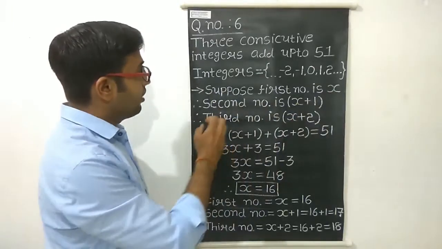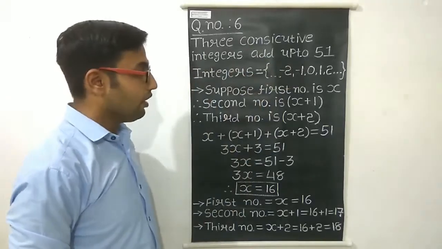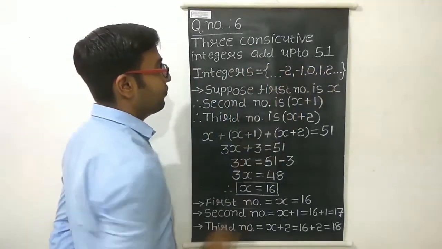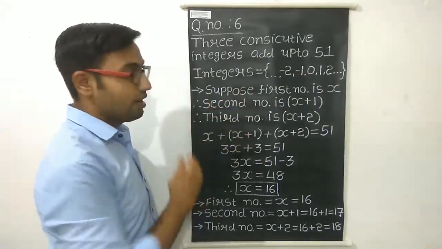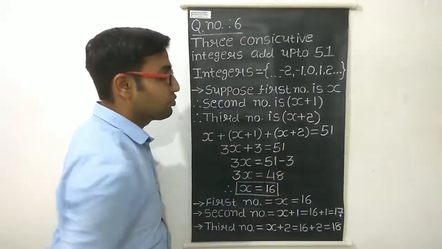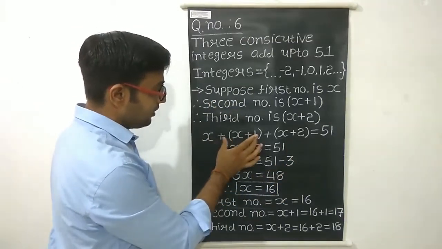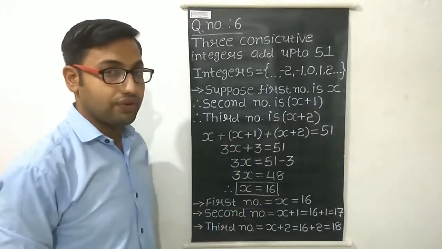So these are our three consecutive integers. Now one more thing we have been given is that they add up to 51. That means if we add the first, second and third number, the result is equal to 51. So first number plus second number plus third number, total is equal to 51.